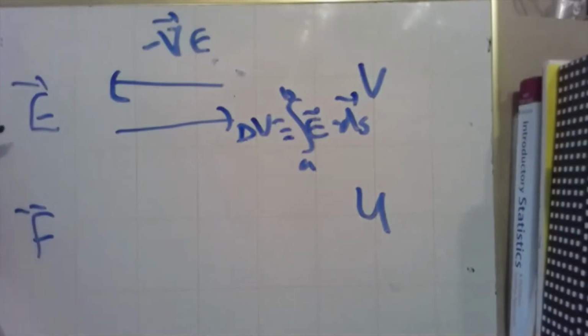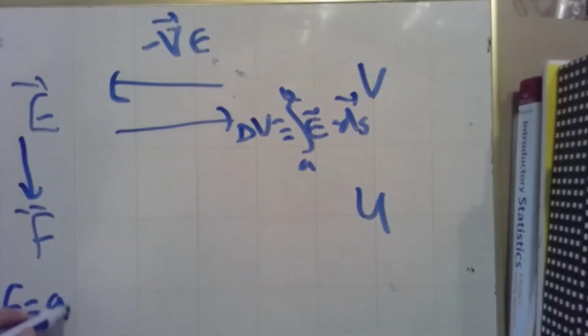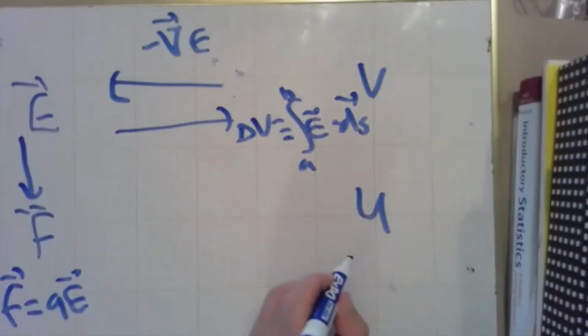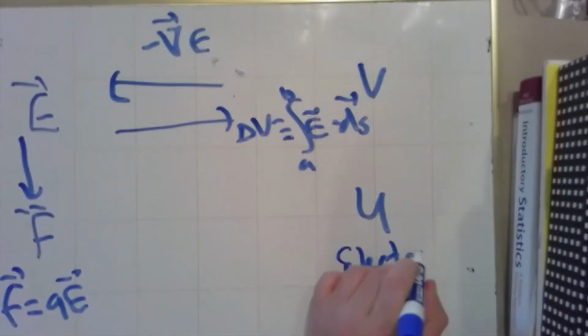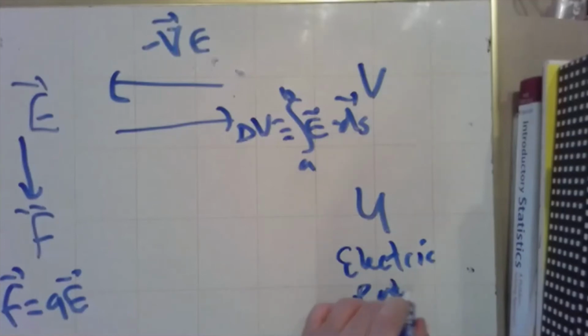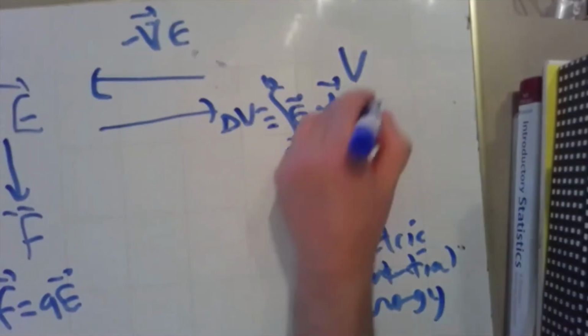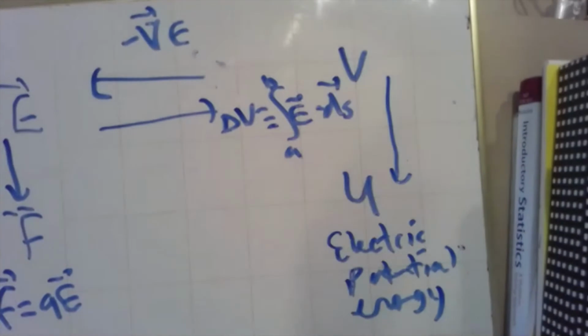Now we know that to get from E to F, that's the electric field, that's newtons per coulomb, we just multiply by Q and get F equals QE. That allows us to define the electric potential energy the same way, U equals QV.